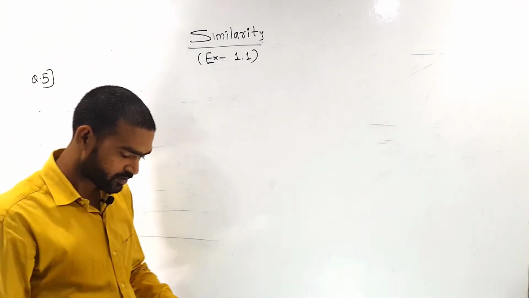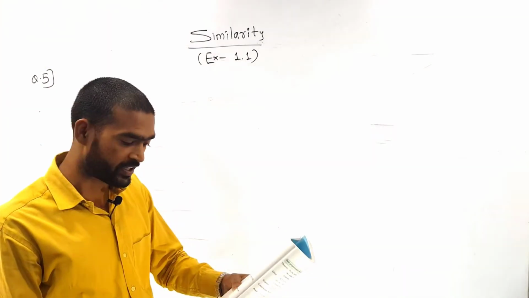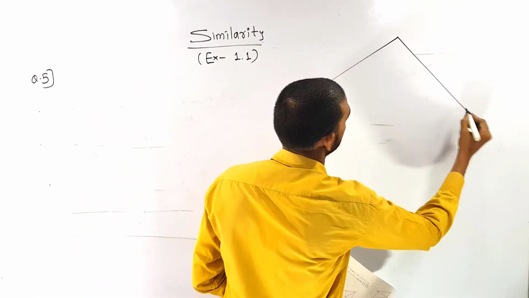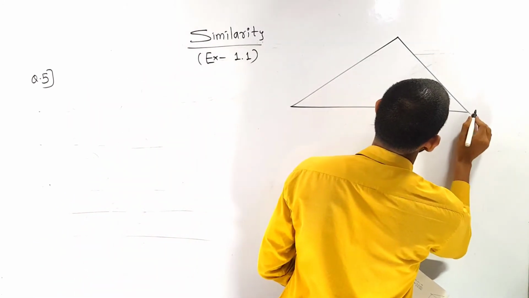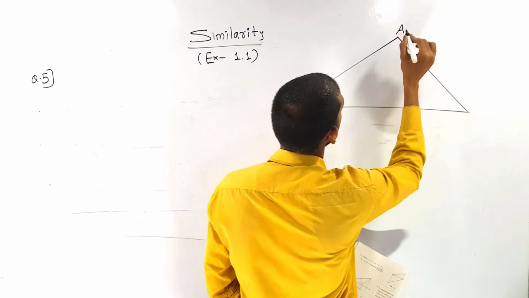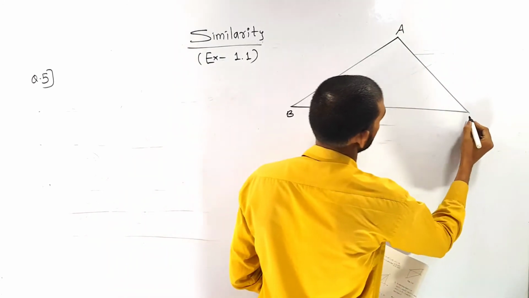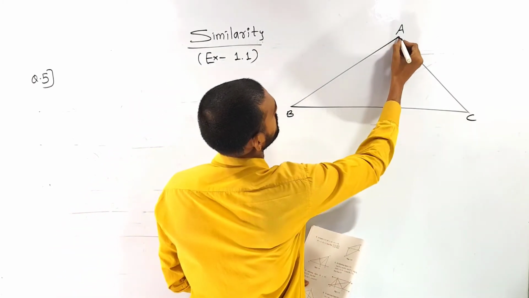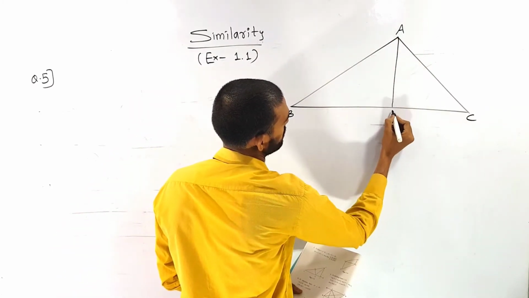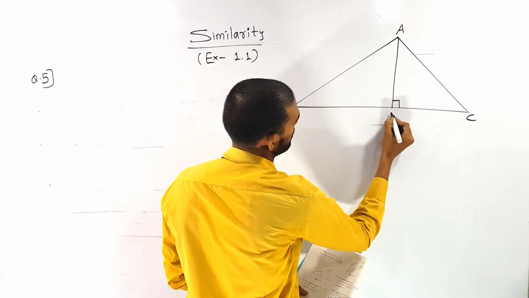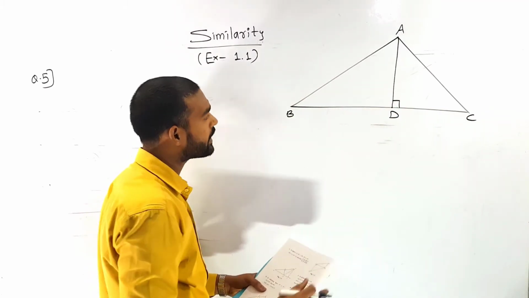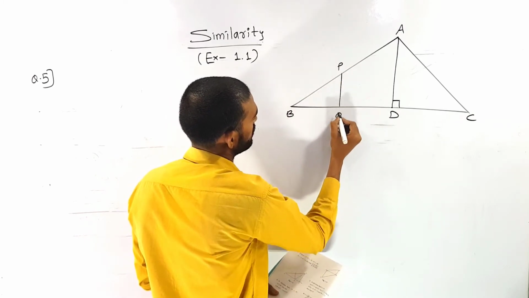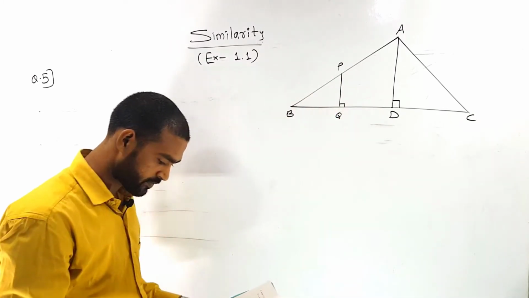Let's see. Here a triangle is given, ABC. One height, the first height, is AD. Another height is PQ.